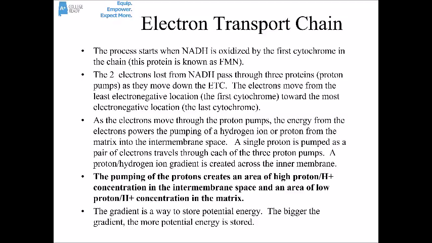So let's talk about how this process actually happens. The process starts when one of the electron carriers is oxidized. We'll start with NADH, and it's oxidized by the first cytochrome in the chain. The cytochrome is sometimes called FMN. The two electrons lost from the NADH pass through three proteins, or proton pumps, as they move down the ETC. The electrons move from the least electronegative location, the first cytochrome, toward the most electronegative location, the last cytochrome.